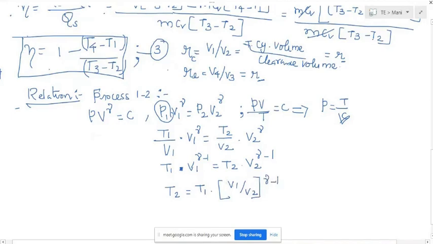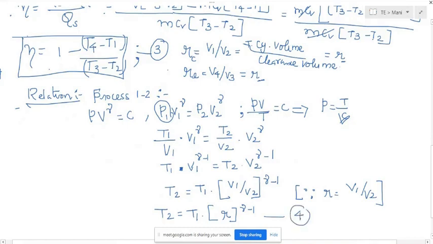Instead of V1 divided by V2, we can substitute R, which as we saw earlier is the compression ratio, the total cylinder volume to the clearance volume. So T2 equal to T1 into R power gamma minus 1. This is equation number 4.